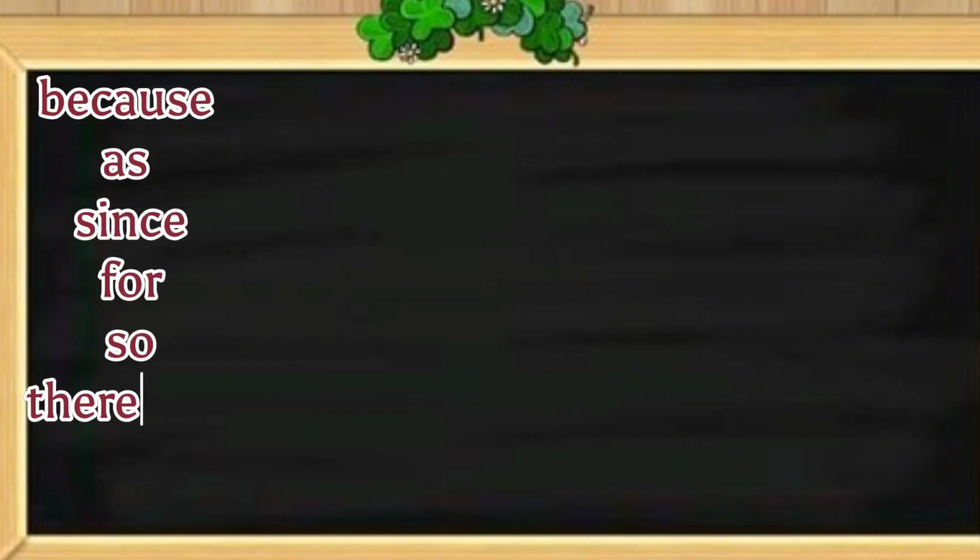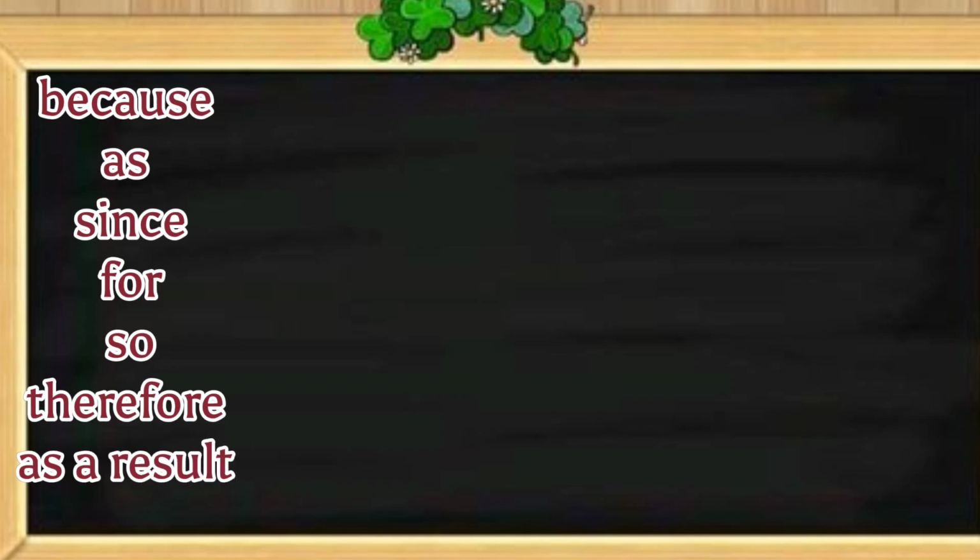But wait a minute. There are rules for how to put them in sentences. First of all, the conjunctions that I mentioned earlier, I will divide into two groups. The first group is because, since, as, for, therefore, so, as a result.